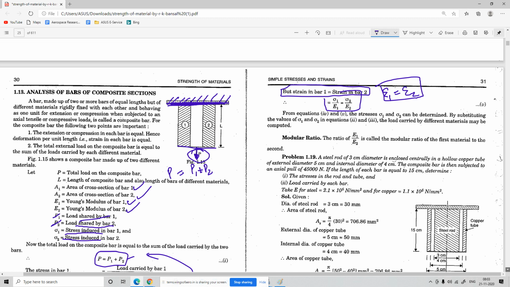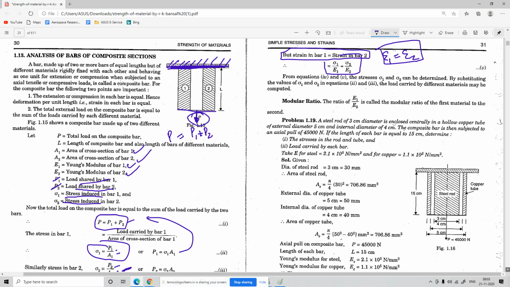So till here we have just completed the bars of a composite section. I have already shared this textbook with all of you, so please go and refer to it. This is Strength of Materials by R.K. Bansal. If you have Rajput, you can also refer to Rajput.